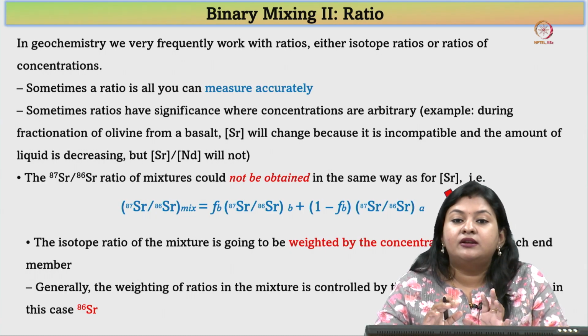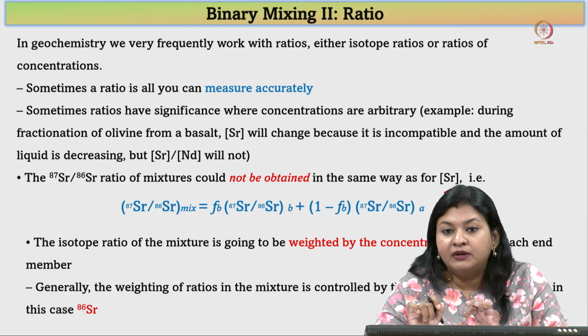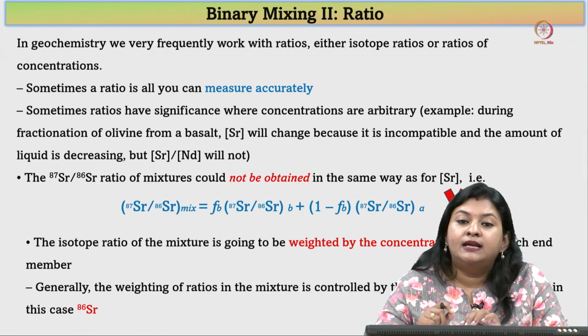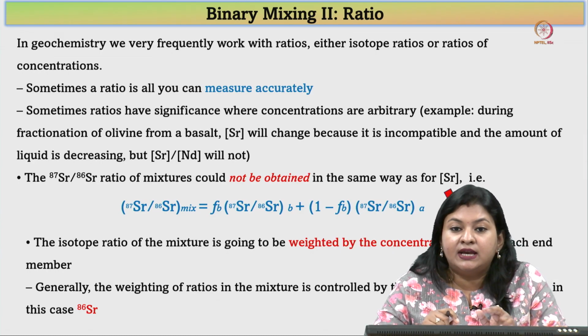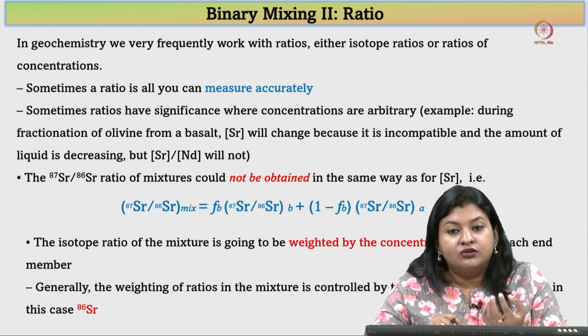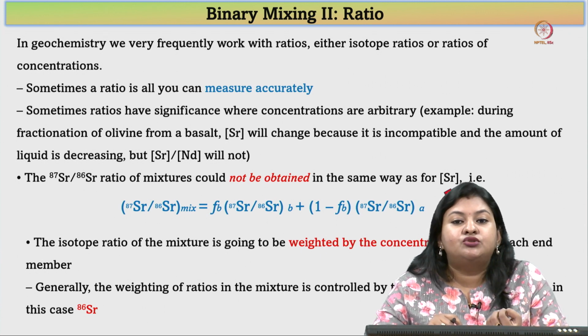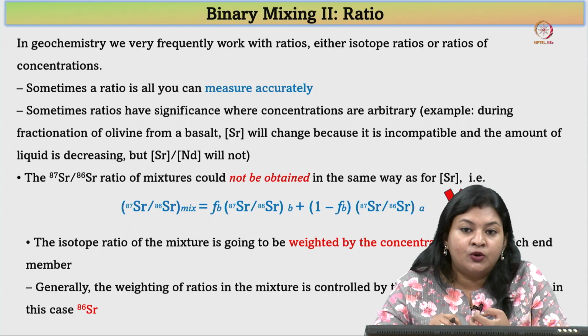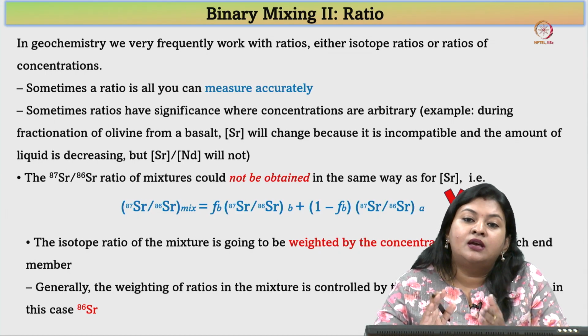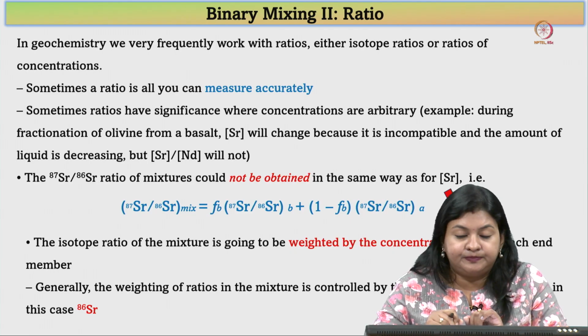So, they will remain in the minerals. So, the strontium to neodymium ratio may not be changing as much as the strontium concentration is changing. Therefore, working with the strontium by neodymium ratio will be far more accurate than just using the strontium concentration.